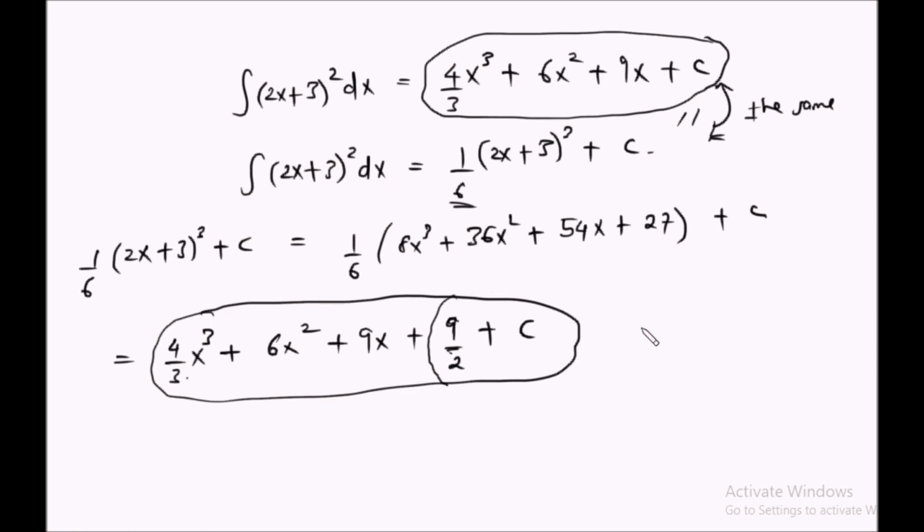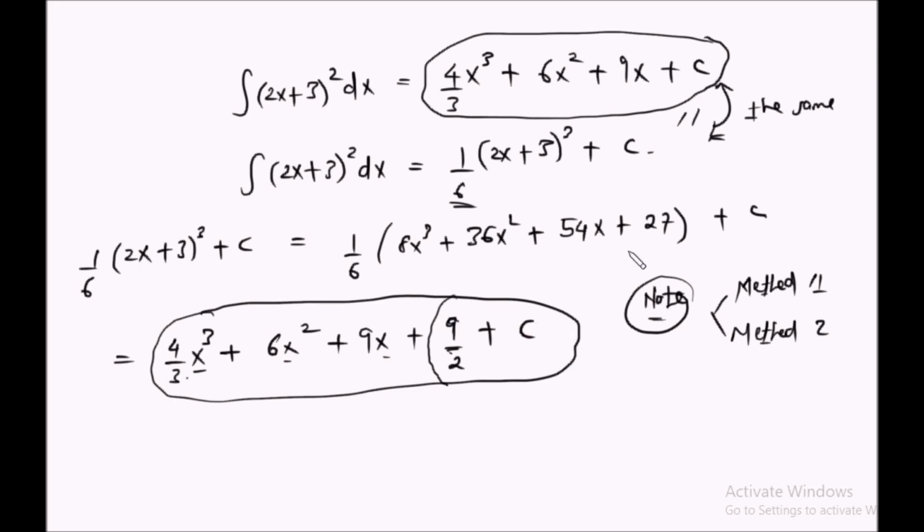Okay, so na ndivyo ilivyo, okay? Ukiintegrate the same function by using two different methods, ukiwa unatumia method 1 na method 2, ukapata majibu, unaweza ukasema aya, majibu hayafanani. Lakini kumbe ukiyafanyia close examination yale majibu mawili uliyopata, utagundua kwamba variable zote hizi pamoja na coefficient zake zinafanana.